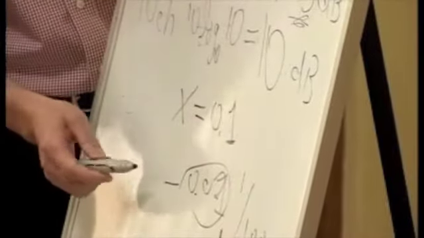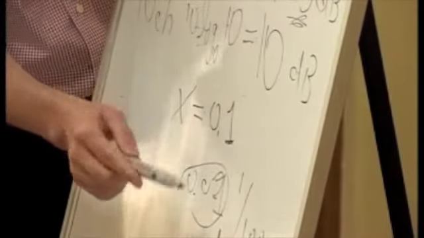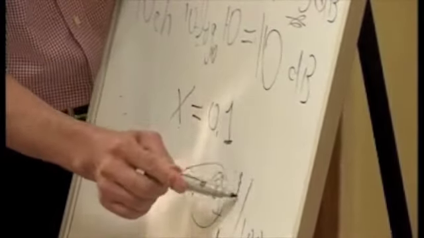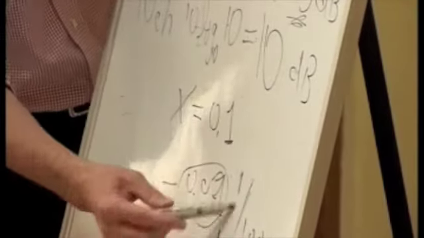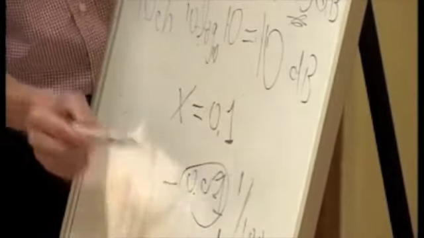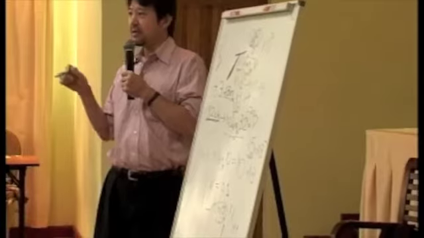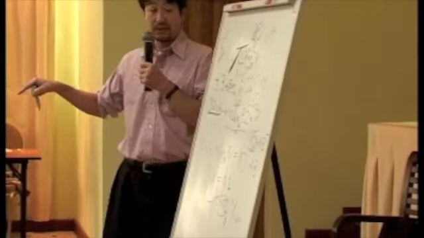Just 100 times larger is plus 20 dB, but 100 times smaller is minus 20 dB, like that.